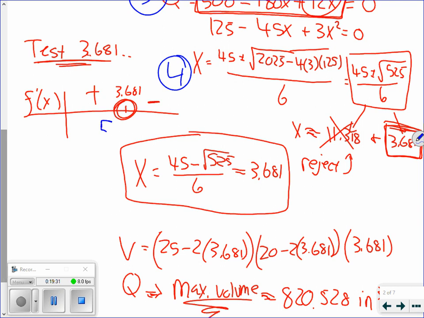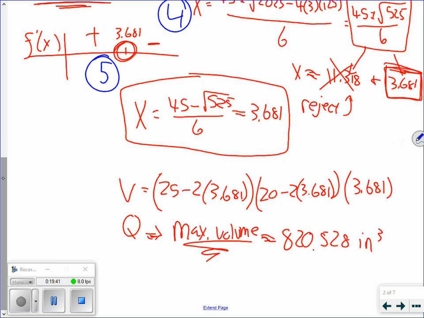And then number 5 is to test that x value to make sure it's indeed an absolute max. And whenever you determine that it is a maximum, you want to answer the question. In this case, the volume that results in the maximum volume is 820.528 inches cubed.